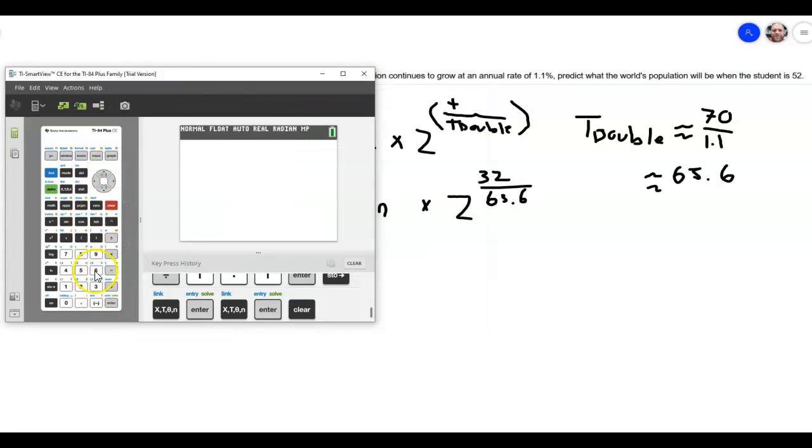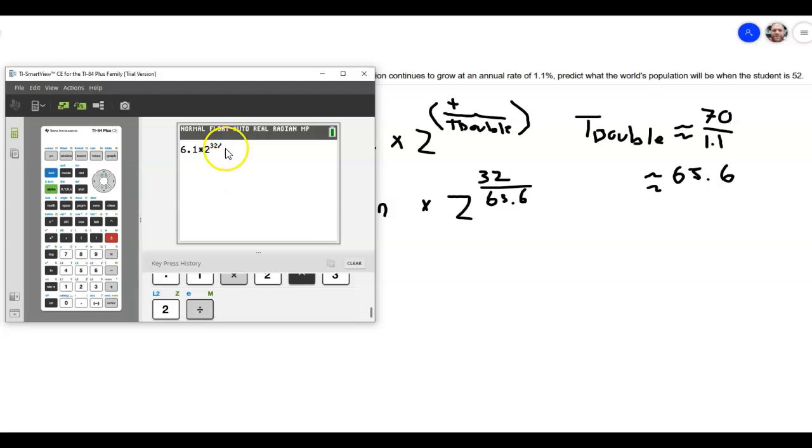Now I'm going to say 6.1 times 2 raised to the, and that's going to be 32 divided by, and this all goes in the exponent. I could put 63.6, but remember, I want to use a really precise value, so I can just put the x in there, which saved that entire number for me.